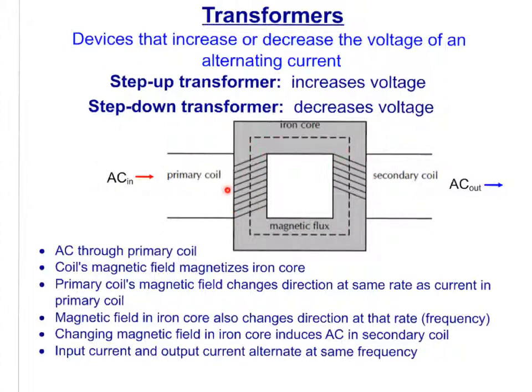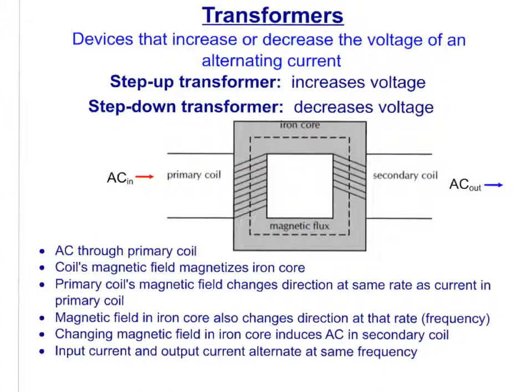When the alternating current comes into the primary coil, that primary coil's magnetic field magnetizes this iron core that it's wrapped around. The primary coil's magnetic field changes direction at the same rate as the current in the primary coil, and the magnetic field in the iron core also changes direction at that same rate, sometimes referred to as frequency, the rate that it's changing.